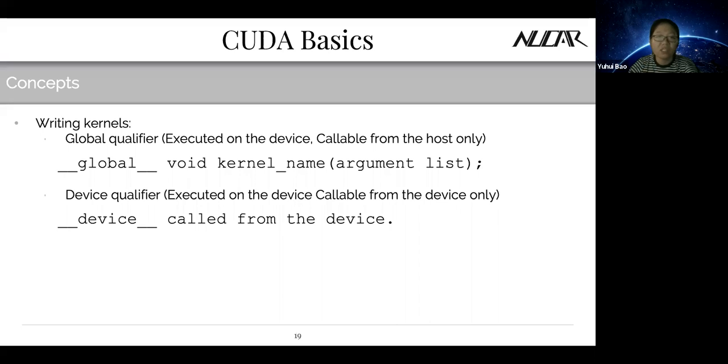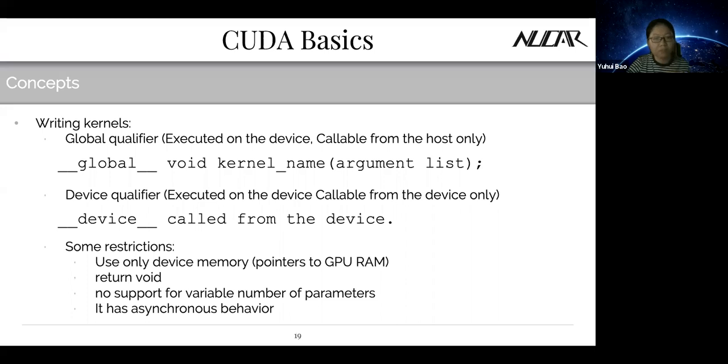This is the only kind of function you can call from the host. If a function has the device qualifier, it can only be called from the device, which means it can be called from another device function or a global kernel.